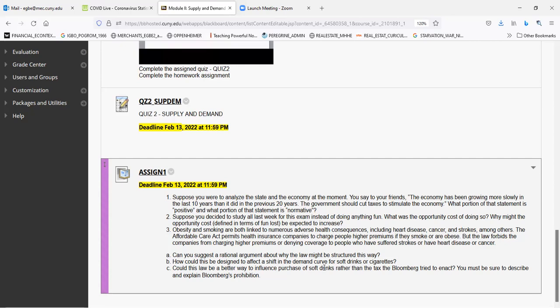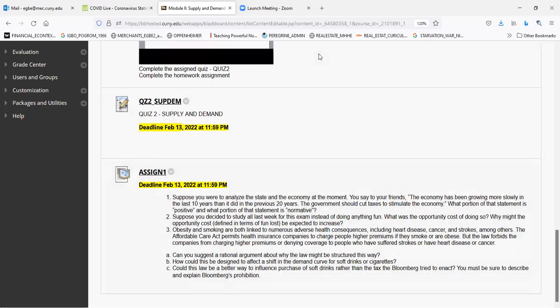However, if people smoke or they're obese, the insurance companies are allowed to charge such people higher premiums, even though we know that heart disease and cancer and strokes come from smoking. So why is the law different for these two different groups of people? Do you have an idea?